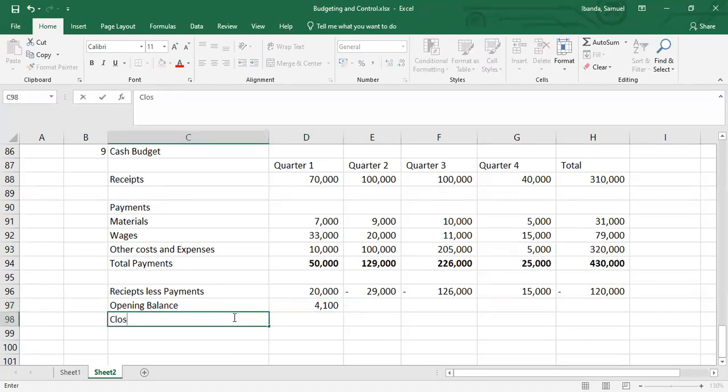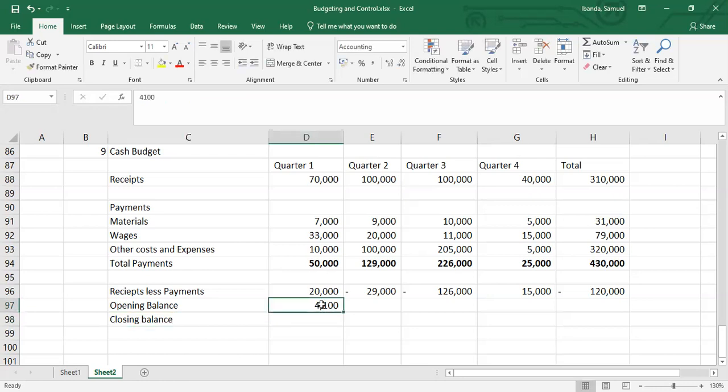And then you have your closing balance right here. After you've taken into consideration what you started with, plus the net of your receipts and payments from your quarter, this should give you your closing balance. This will be the closing balance you close with to move to the next quarter.